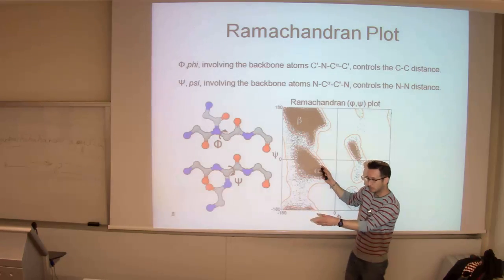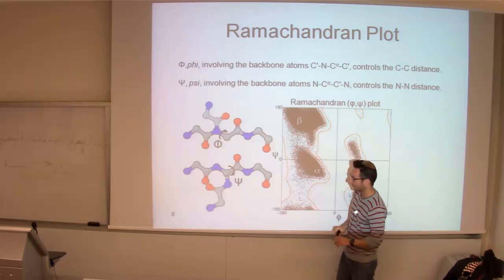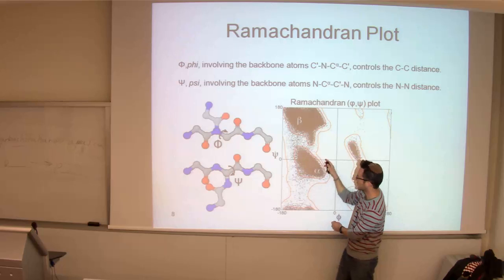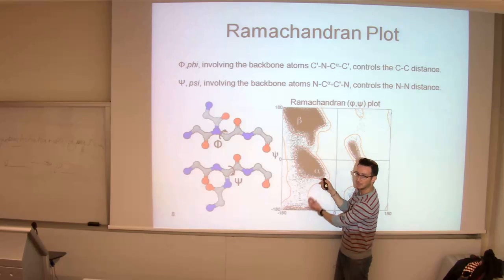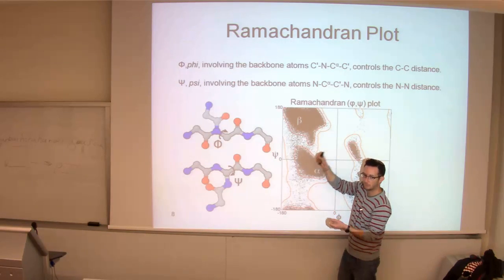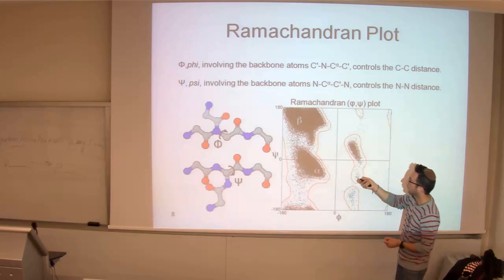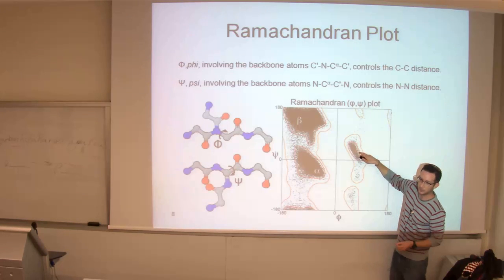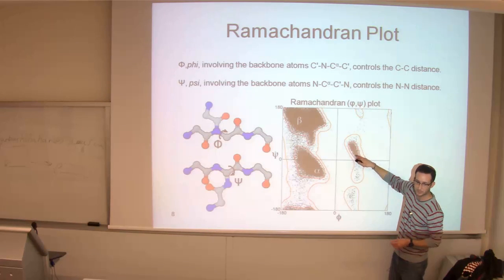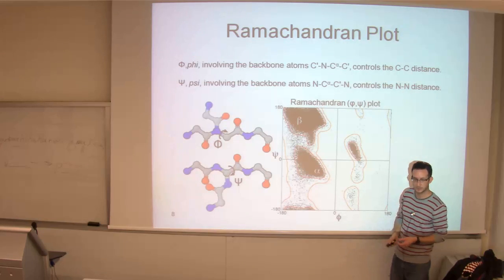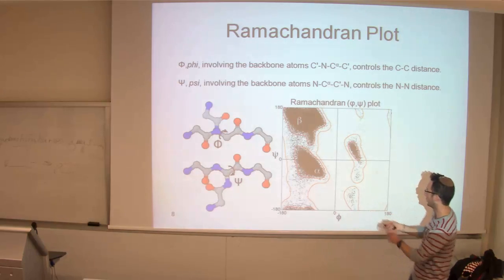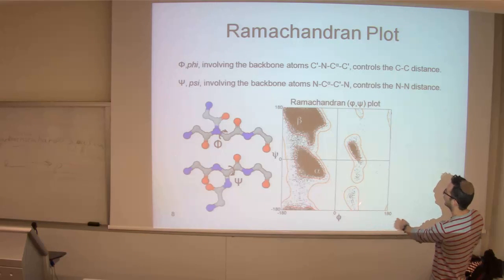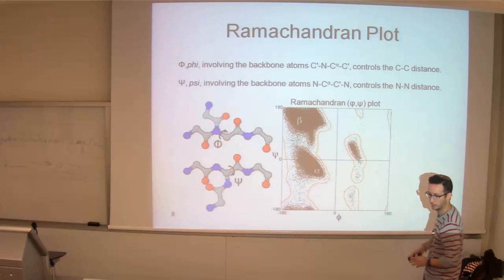If you take this small model and put psi around 0 and phi around minus 90 degrees, you will gradually build yourself a left-handed alpha helix. And the same thing for the beta strand. And this third distinct island is actually a right-handed alpha helix, which is much less common, but still exists. The psi is relatively the same, and phi is, instead of minus 90 degrees, plus 90 degrees.